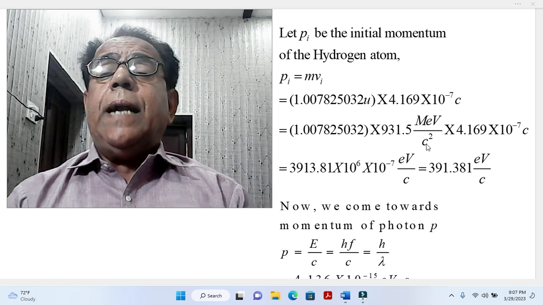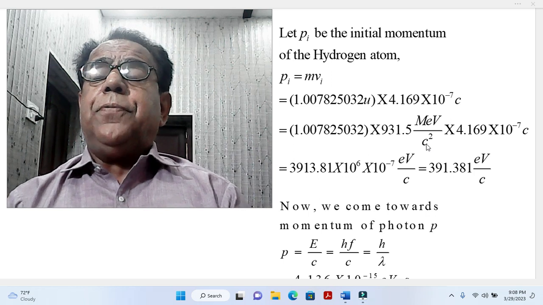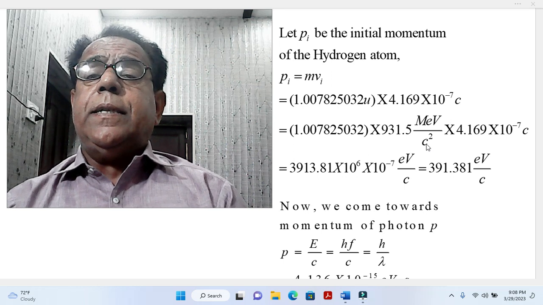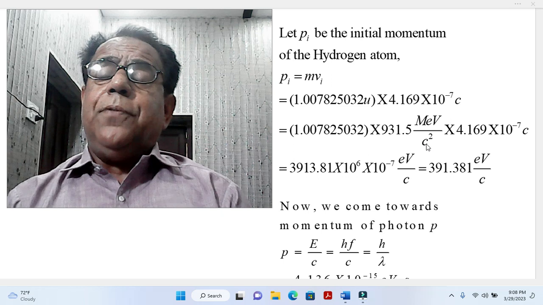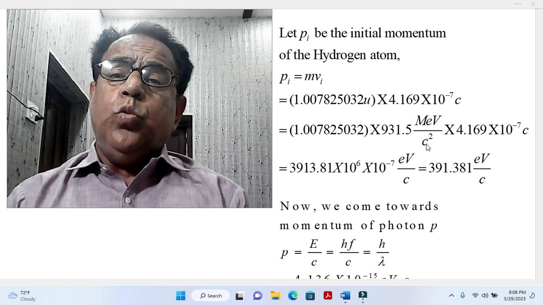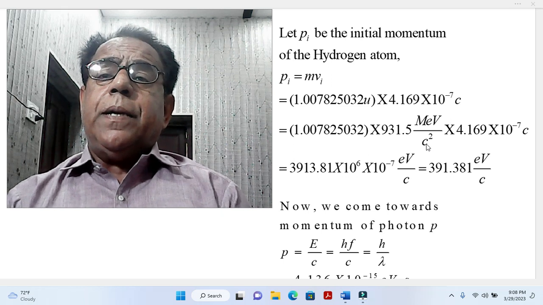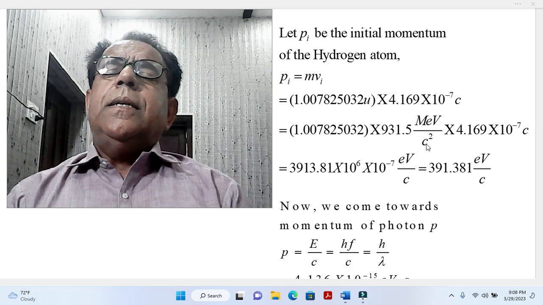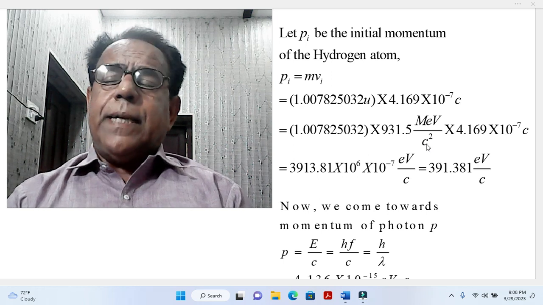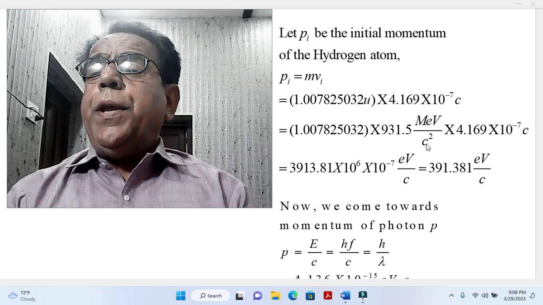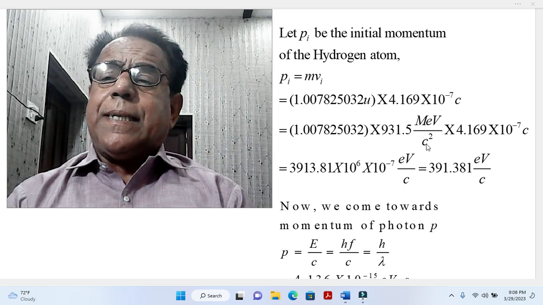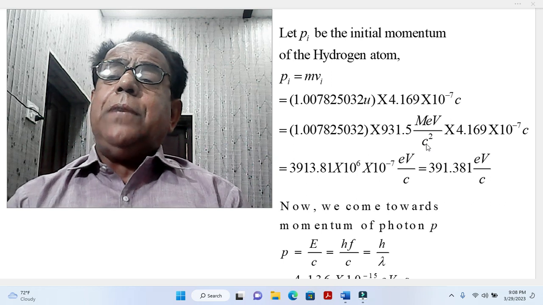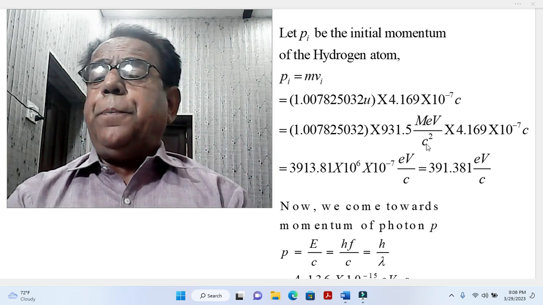And I had told that from here we can also find the value of c square, because here c square and one atomic mass unit, 1 U, are replaceable, interchangeable. Okay, so here we are not interchanging c and U, we are exactly taking the value of U as given in that table.